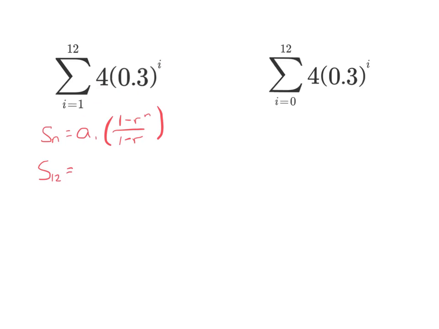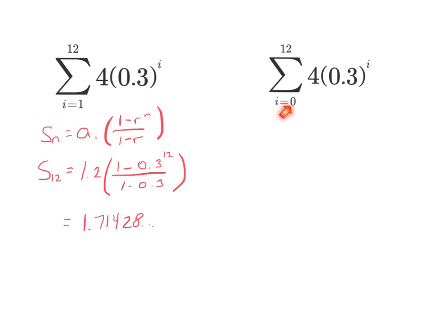So that is 1.2 times 1 minus 0.3 to the 12th over 1 minus 0.3. And I'm going to round this off. You should get something like 1.71428 and so on.